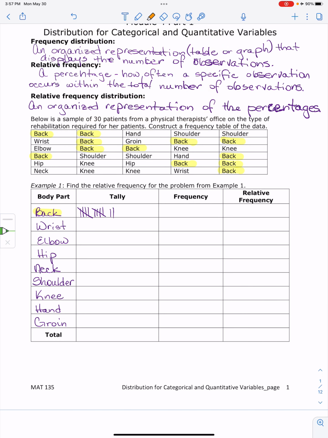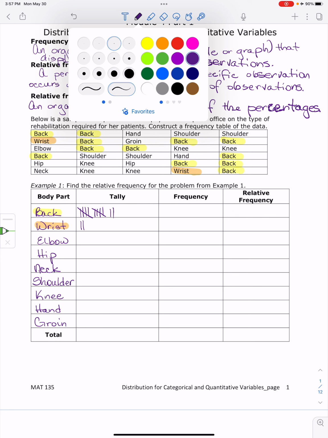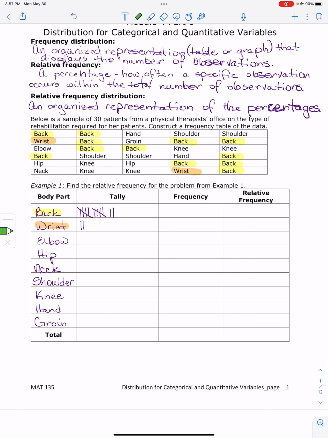Okay, I'm going to change the color here for our wrist injuries. I've got 1, 2. Sometimes there's few enough that you can keep track of that. I got next elbow. I've got 1. That's it, 1.